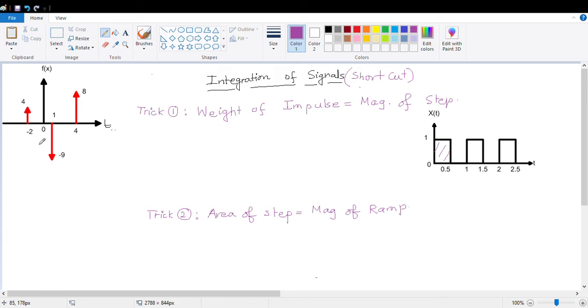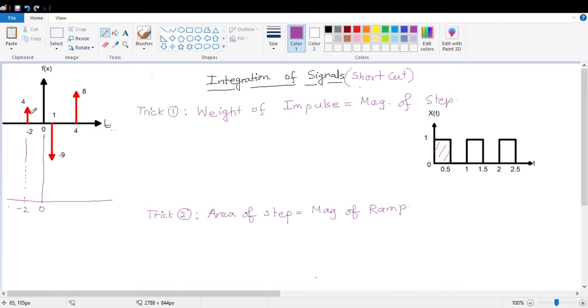Now if I want to get the magnitude of it, suppose I am starting here. This is my zero line. So this is my -2.